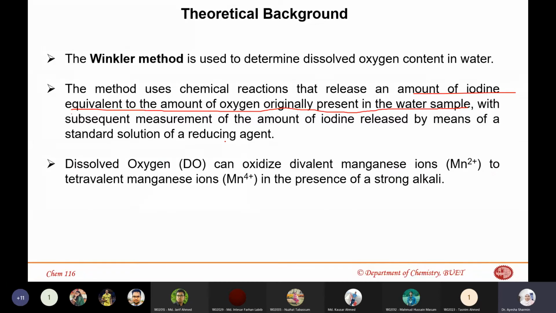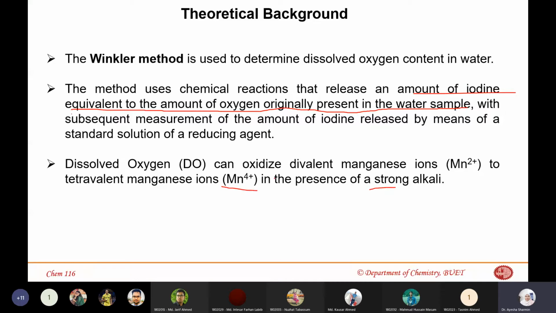Dissolved oxygen can oxidize divalent manganese ions Mn2+ to tetravalent manganese ions Mn4+ in the presence of strong alkali. So this is in the alkaline medium. Remember, in acidic medium this reaction will start to become reversible.